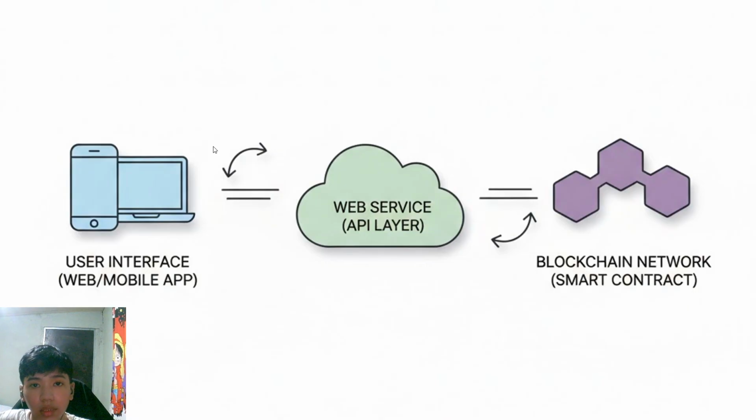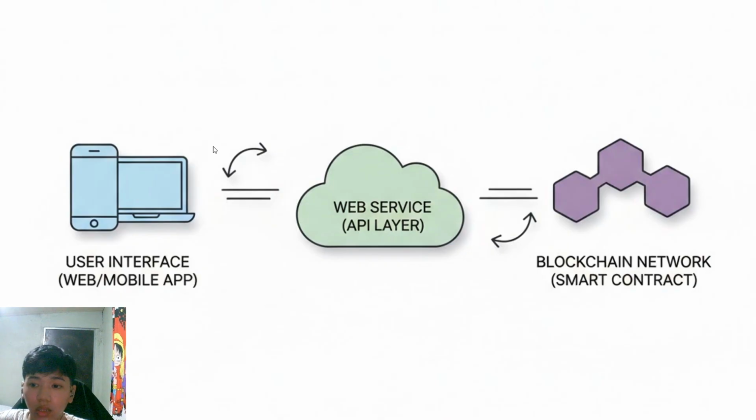Number one is reading the data. The application requests data, for example, if the user wants to ask what the current balance is from the web service. The service queries the blockchain node and sends back a simple JSON or XML response.